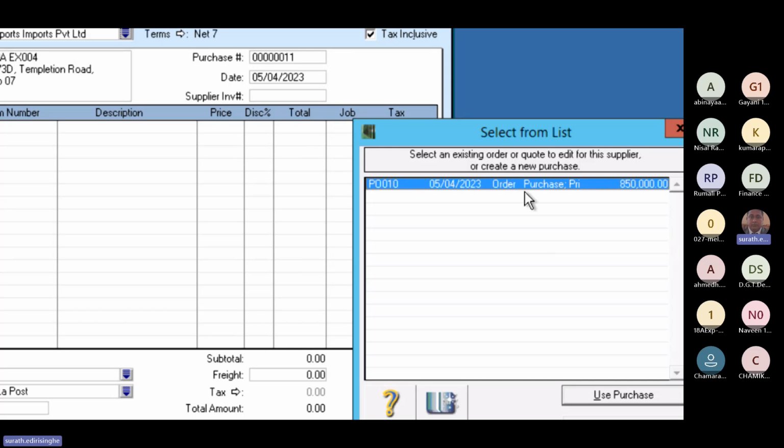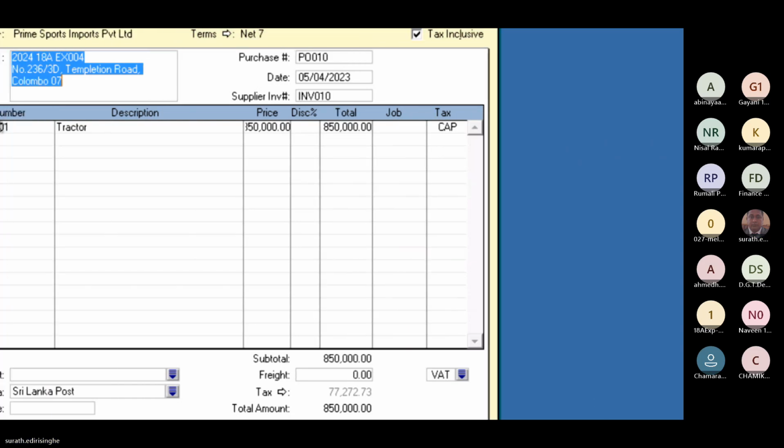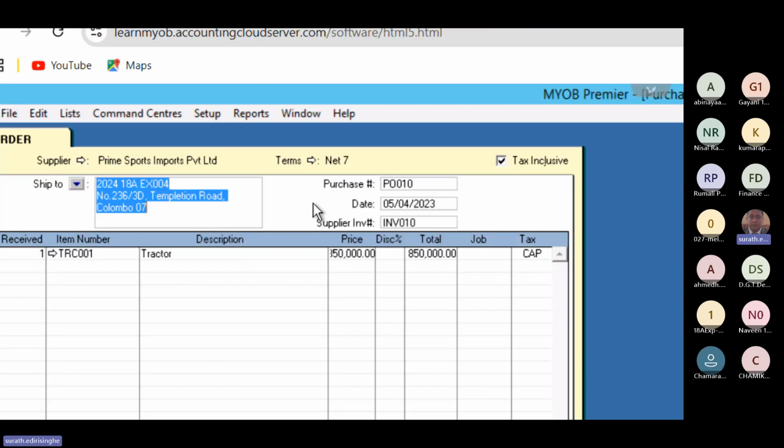Then activate your pending PO. Then go to the PO, right? Change the date to April 6th. Right? 850. No change. No modification on the price and the item.